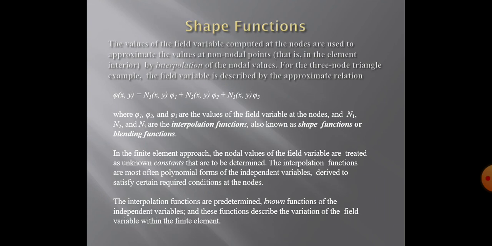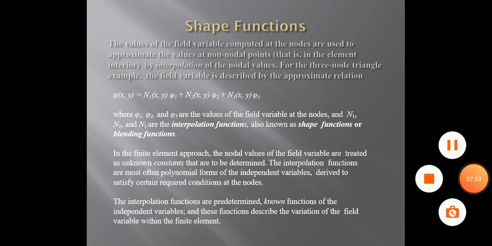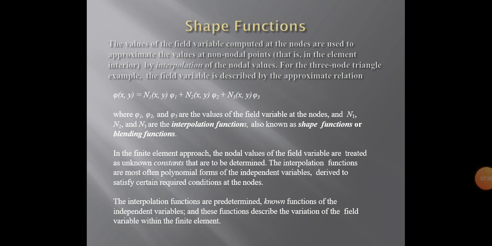Then next is shape function. Shape function is the displacement at any point within the element in terms of nodal displacement. Continuity between them is also called shape function or displacement function or interpolation function.